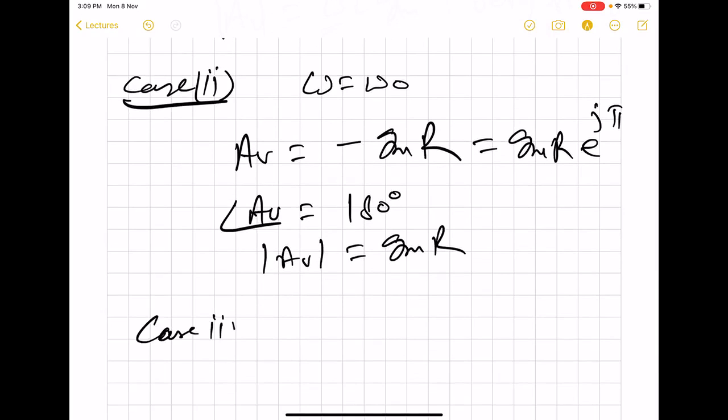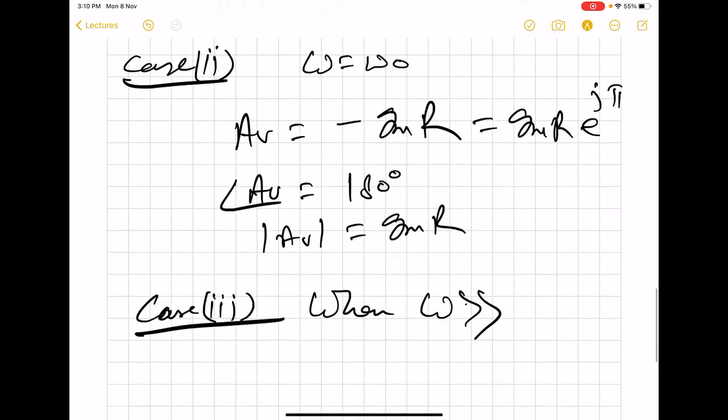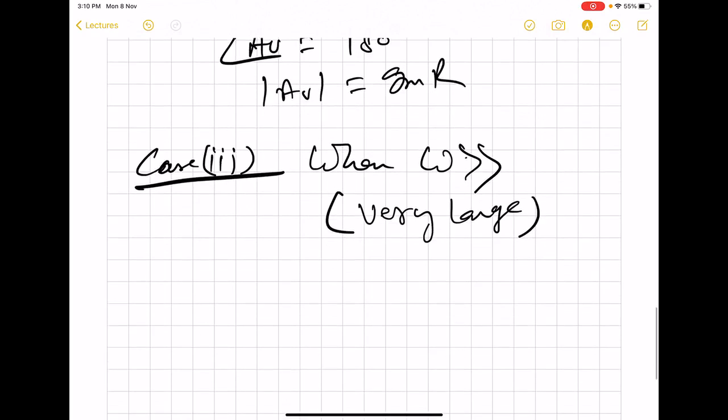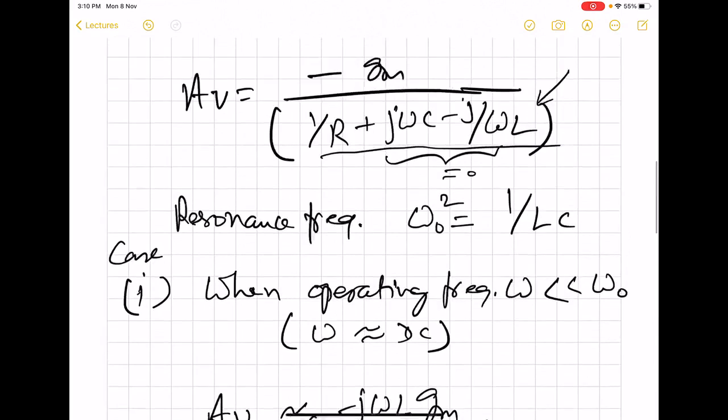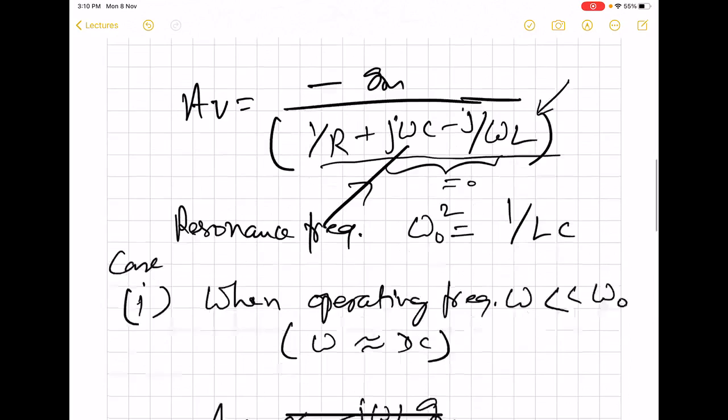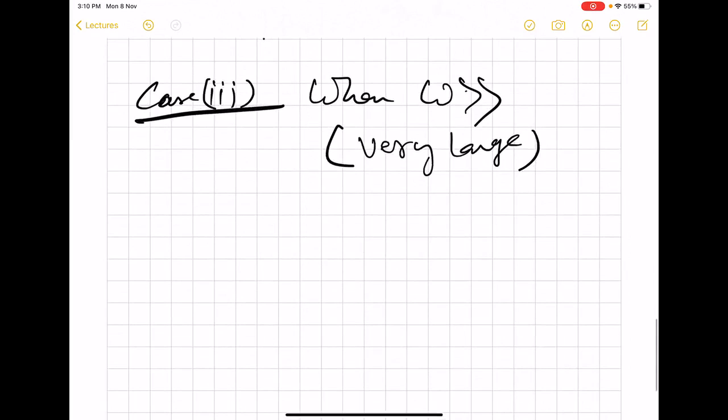Now case 3, when omega is very, very large, in this case we can see that out of these three terms, this capacitive term will start dominating. So we can make an approximation.